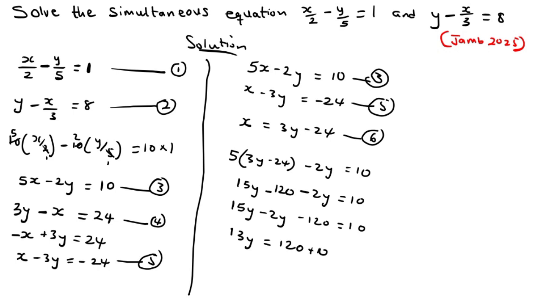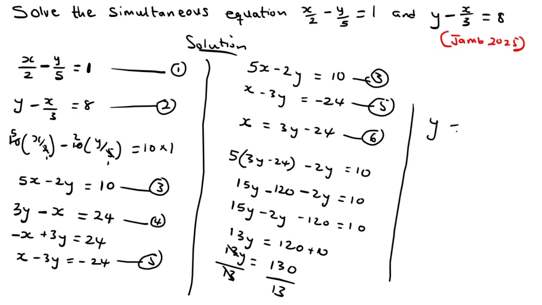So 13y is equal to 120 plus 10 will give us 130. So dividing both sides by 13, we have that our y is equal to 130 divided by 13 will give us 10.